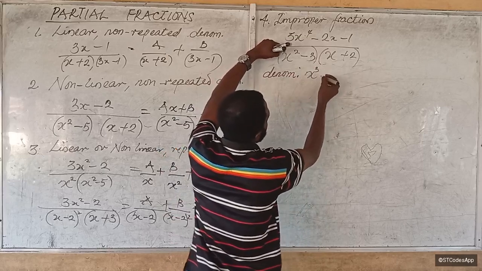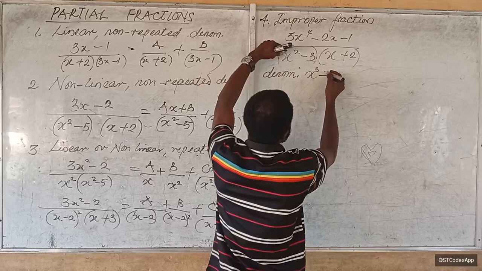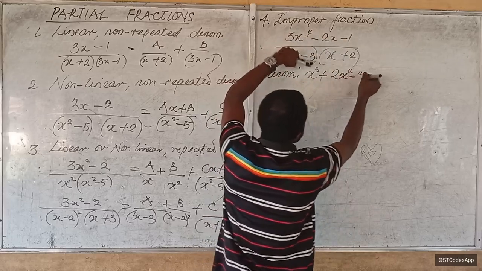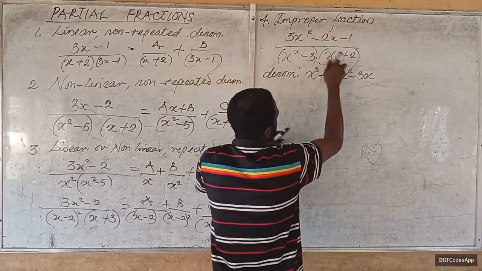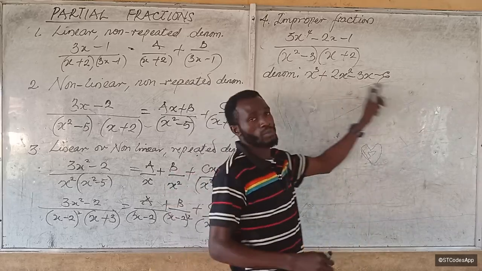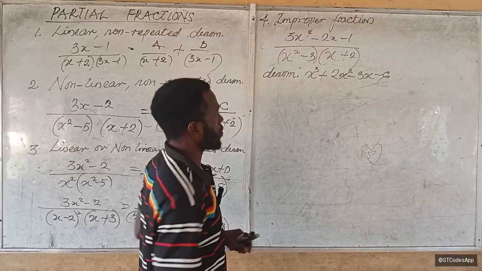It is x cubed plus this times this, plus 2x squared minus 3x, that's this times this, then minus 6. Okay, so this is my denominator.